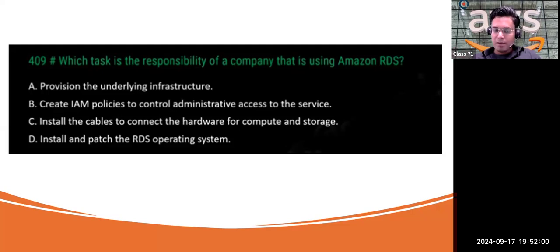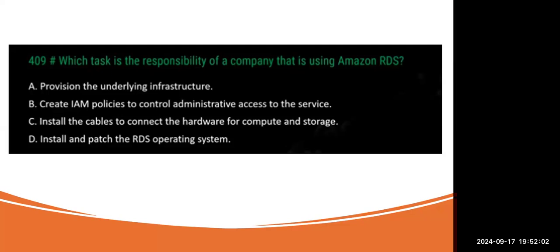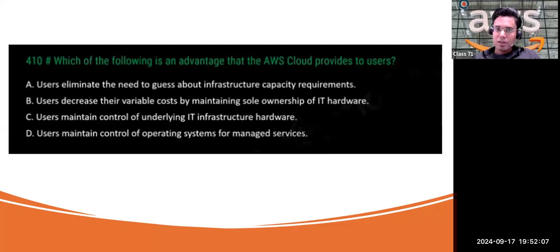Okay, that makes sense. Definitely. Yeah. Okay, so next question is, which of the following advantages does the AWS cloud provide to the users? It doesn't say cost or speed, it means everything.